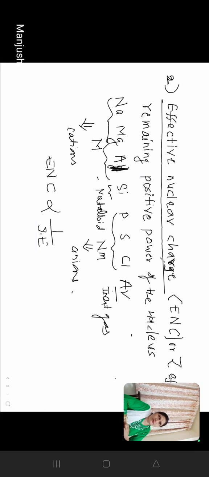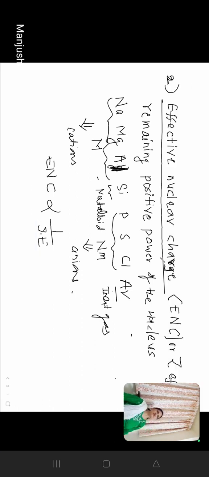Now all of you write the explanation of this effective nuclear charge. I have given you only the definition, so now write the explanation. Write down: from left to right, atomic number increases one by one. Electrons are added in the valence shell.